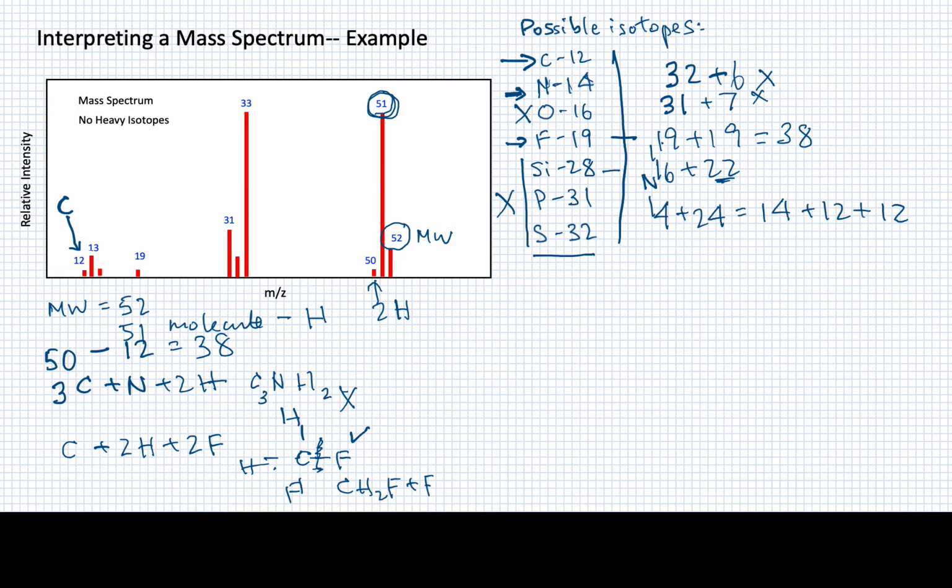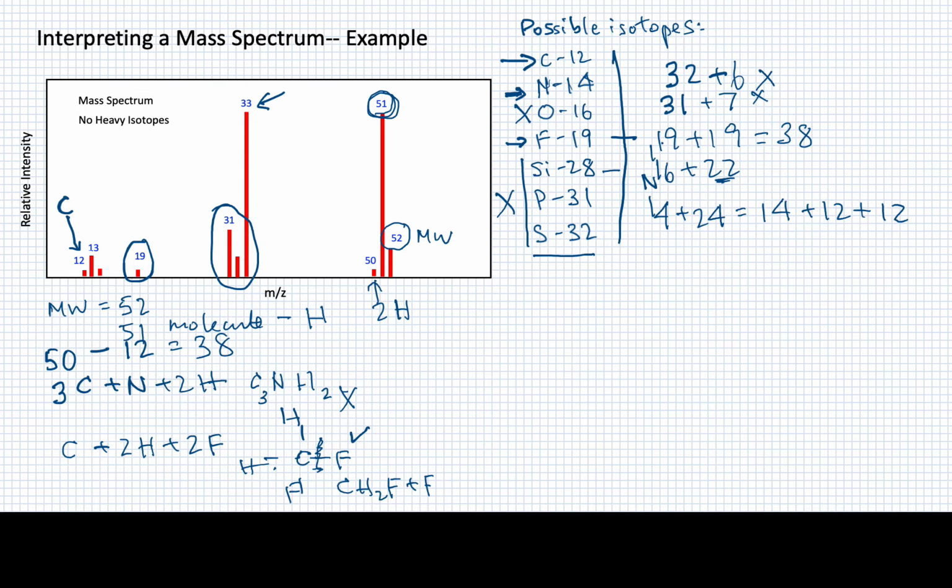Well, the CH2F would have a mass of 14 plus 19, which would be 33. Well, gosh, that looks a lot like that peak right there. And then it also has 2 hydrogens attached to it, which is consistent with what I'm seeing down here in this part of the spectrum. I also have a mass at 19, which tells me there's a fluorine. So that would be very consistent with this particular structure.